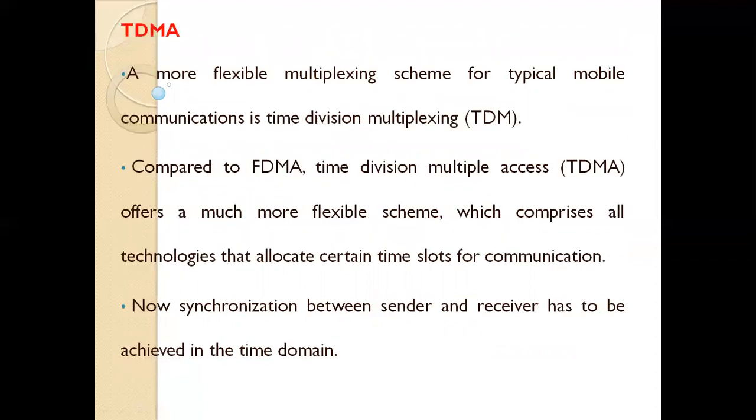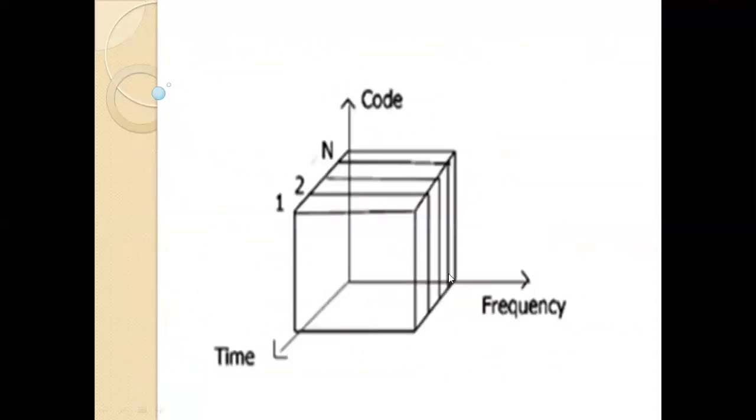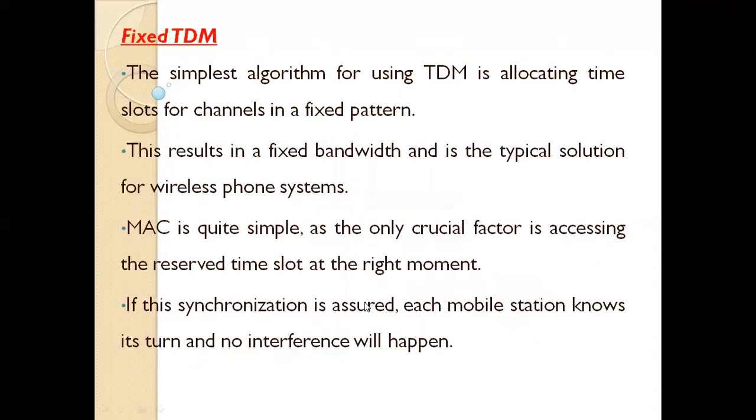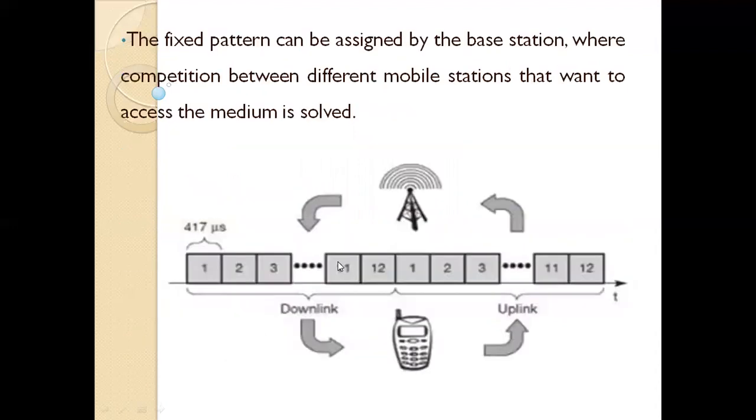Coming to TDMA, it is a more flexible multiplexing scheme for typical mobile communications. Compared to FDMA, it comprises all technologies that allocate certain time slots for communication. This is the diagram for TDMA, the fixed TDMA, with time slots. These are the slots allocated for uplink and downlink. Specific slots are allocated.